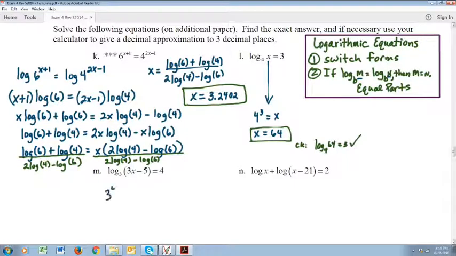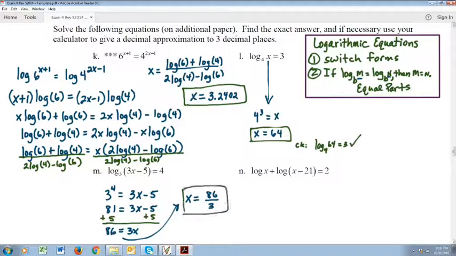Let's move on to m. So again, I don't have log equals log, so I'm not using the second strategy. We're going to switch forms again. So we have a base of 3 to the 4th power equals 3x minus 5. Of course, 3 to the 4th is 81. And this is a simple equation at this point. We're going to get 86 thirds, or 86 over 3.